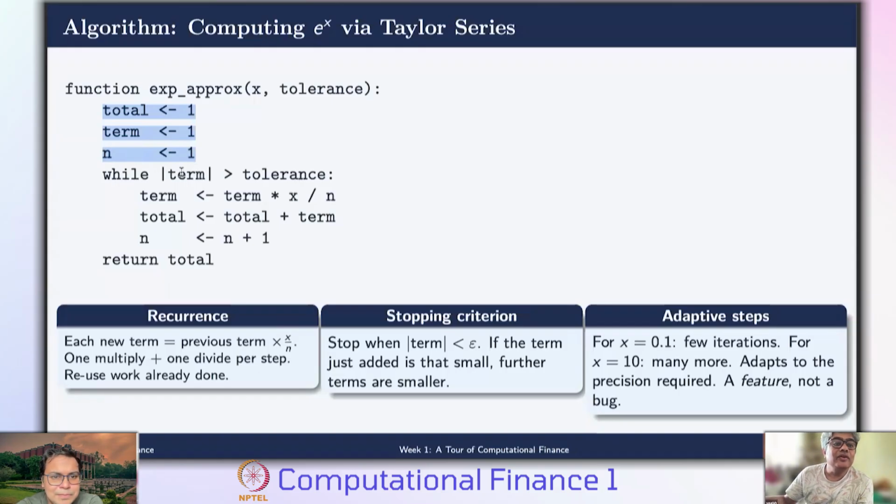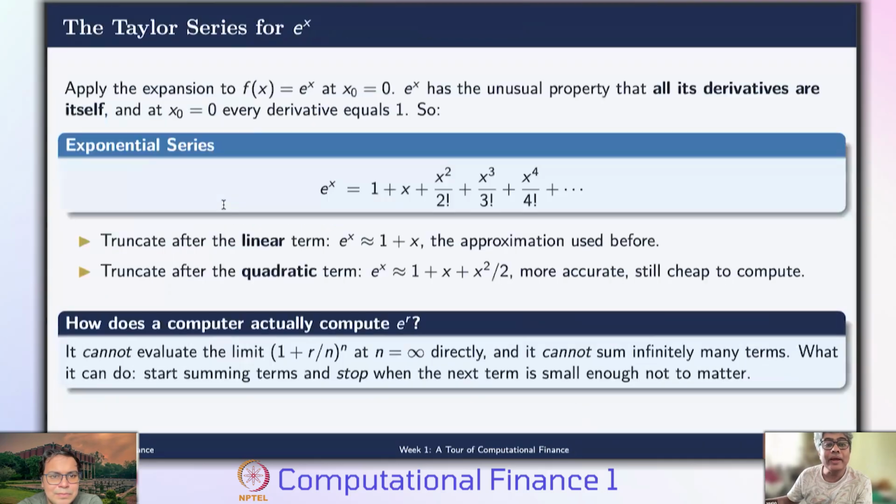While the absolute value of term is greater than the tolerance, we say that the term is term times x by n. Why is it so? If you go back here, let us carefully analyze x square by 2 factorial and x cube by 3 factorial. Suppose I already calculated x square by 2 factorial.